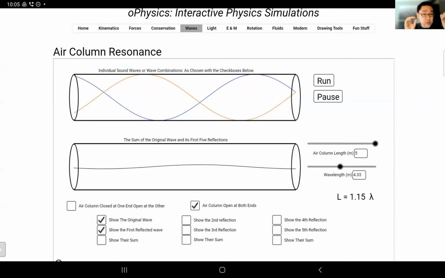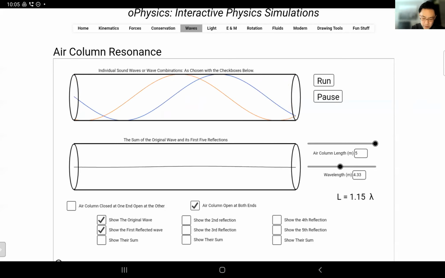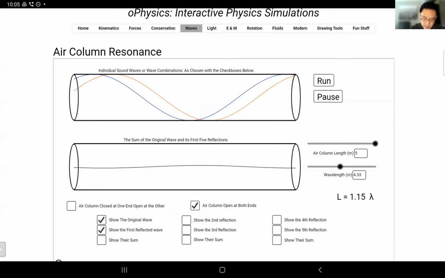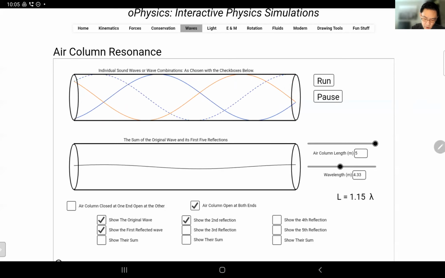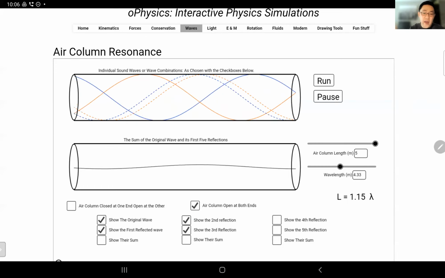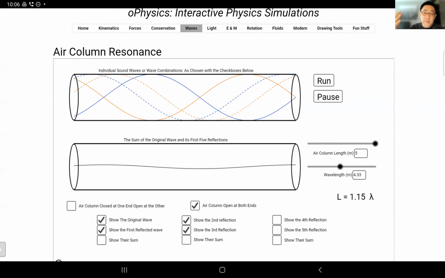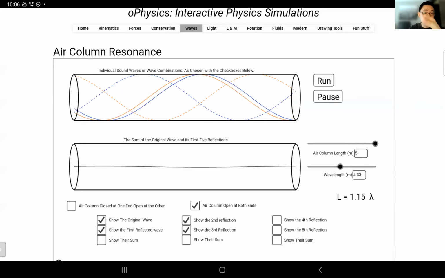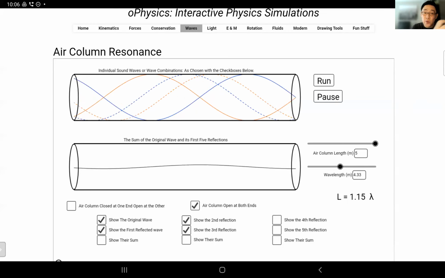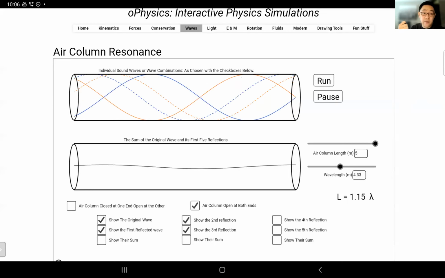All right, and I just want to make sure that the reflection will happen multiple times, and that's what I like about this simulation. There is a second reflection, a third reflection, a fourth reflection, and so on and so forth. That's because every time the sound leaks from the tube to the open air, a partial amount of that sound is reflected back.